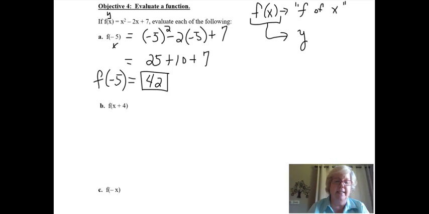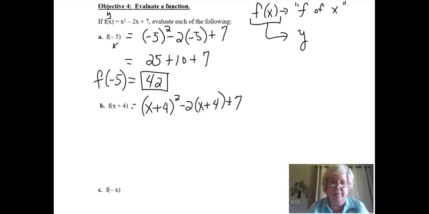Now in this second example B, I am going to replace the X with X plus 4. So I will take the original problem and everywhere there's an X, I replace it with X plus 4. Again, you'll notice I use the parentheses just to keep things in the proper order.